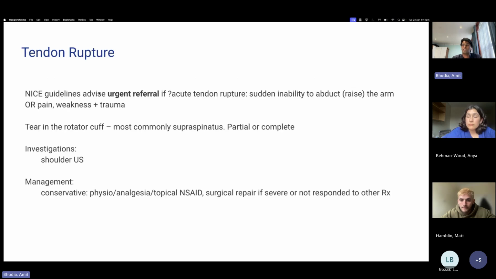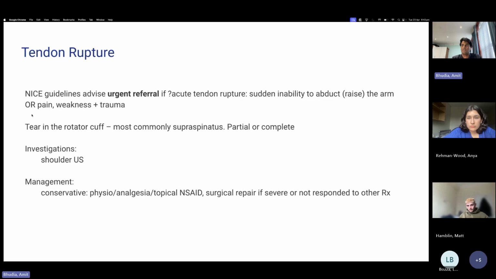And then the NICE guidelines for urgent referral, if there's a possible acute tendon rupture, is sudden inability to abduct, so raise their arm, or pain, weakness alongside trauma. So he's had a sudden inability to raise his arm, so that would warrant urgent referral.